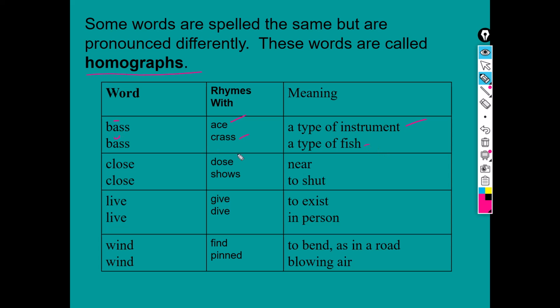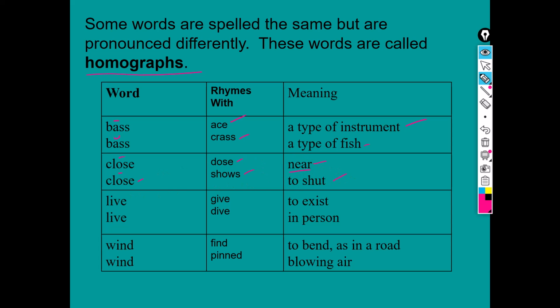Close sounds like dose, near. Close sounds like shows, to shut. So close means near, close means to shut. Spelled the same, but they're pronounced differently.